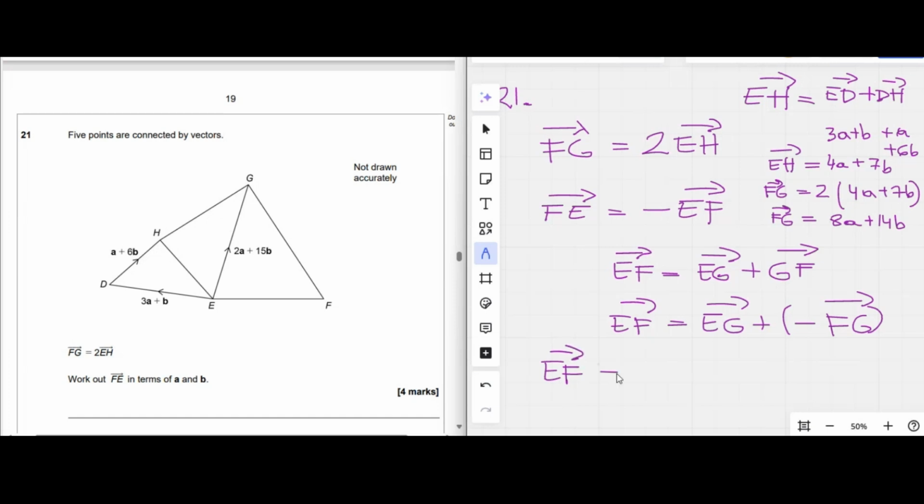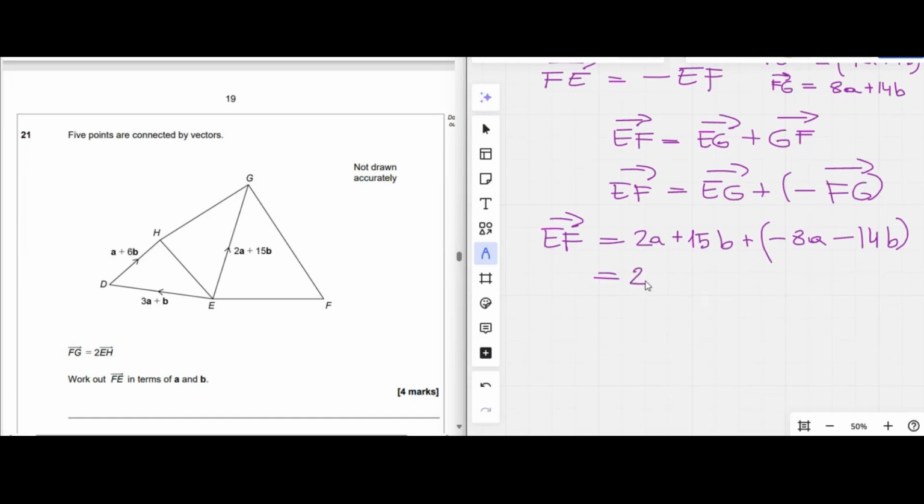EF is EG, 2A plus 15B, plus negative FG, 8A, and then again minus 14B. 2A plus 15B, plus and minus, minus 8A, and then again minus 14B. 2A minus 8A is minus 6A, 15 minus 14 is positive 1, so plus B. Work out FE.